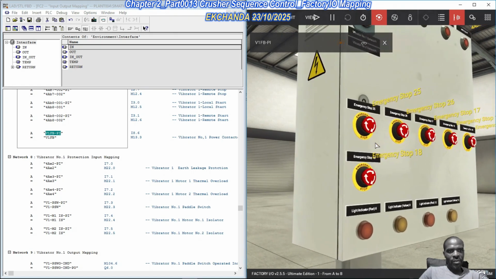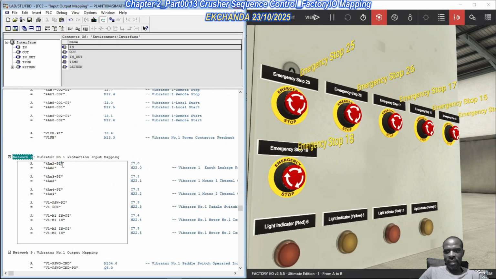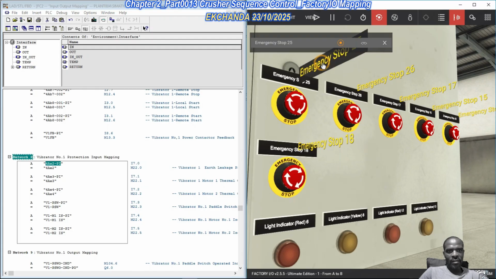So the first one is going to be 4AE2, okay. Control C. So 4AE2 followed by 4AE3.